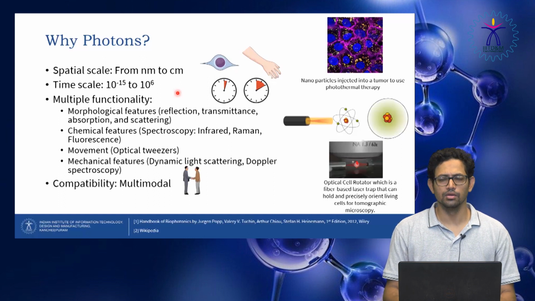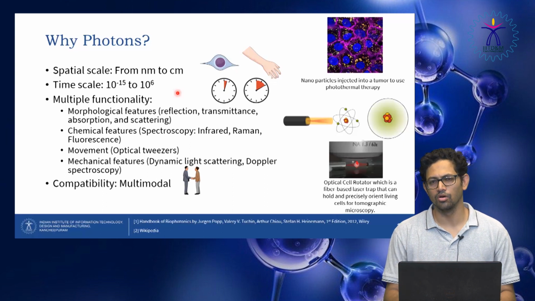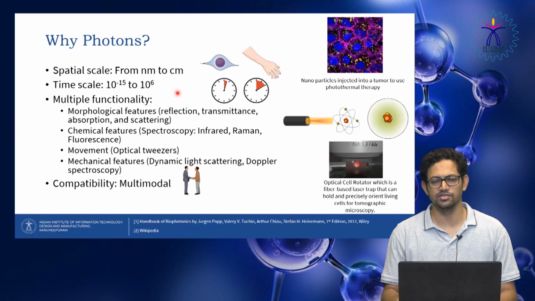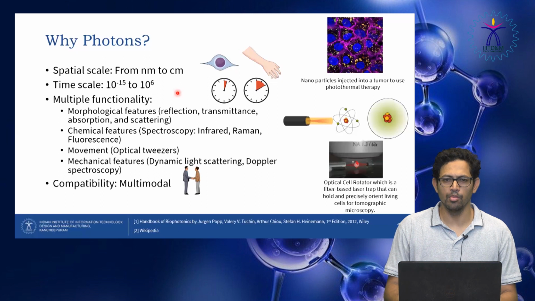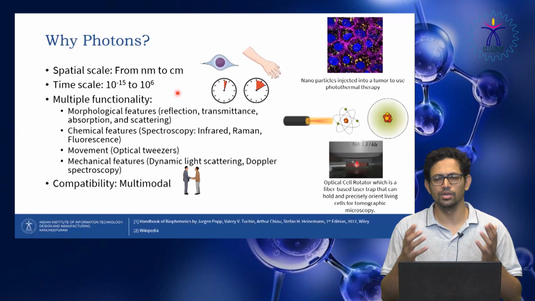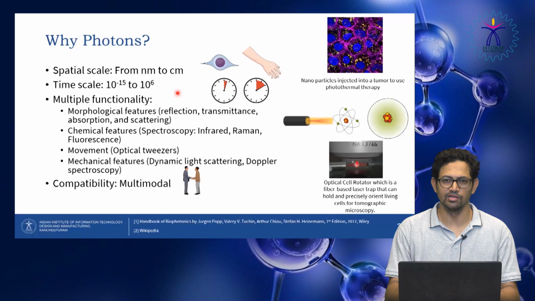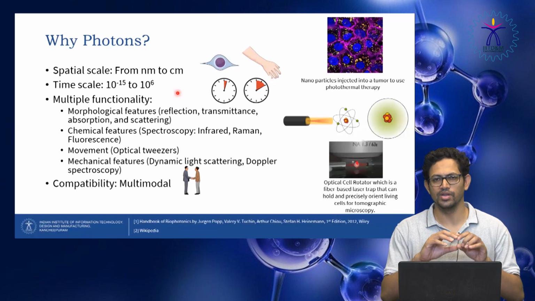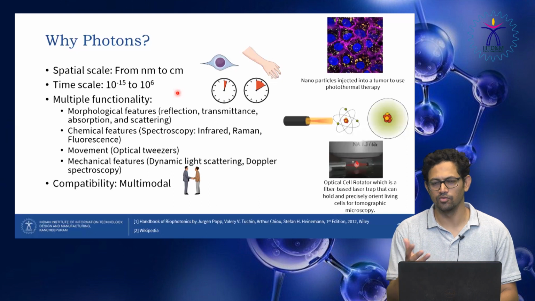One of the benefits of using light or the photons is that it is compatible. It can be used with other techniques such as MRI. For example, in the MRI, we cannot use any electrical or conducting material, but to transport the light from one end to another end, we can use a dielectric material, that is silica, for example.